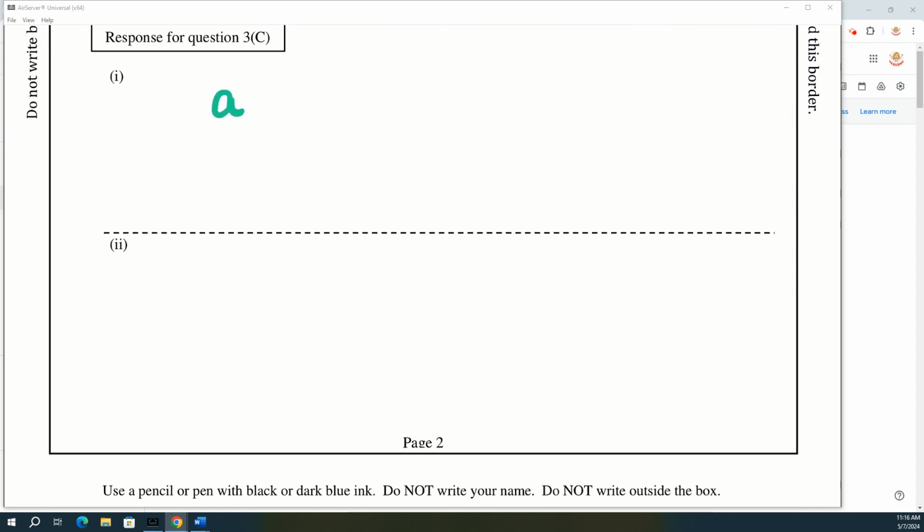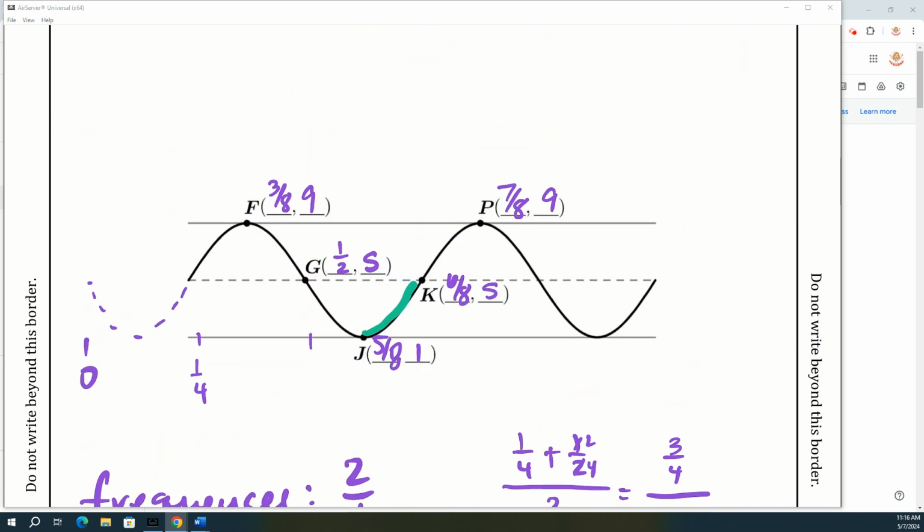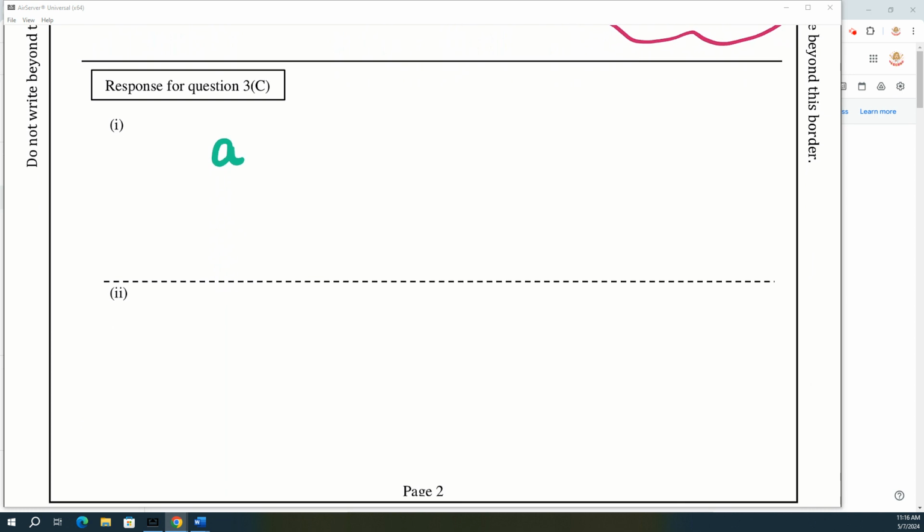All right, and then for the second part, we're looking at concavity. So would you say that section is concave up or down? Up. So this one is going to be exactly the same thing we wrote.